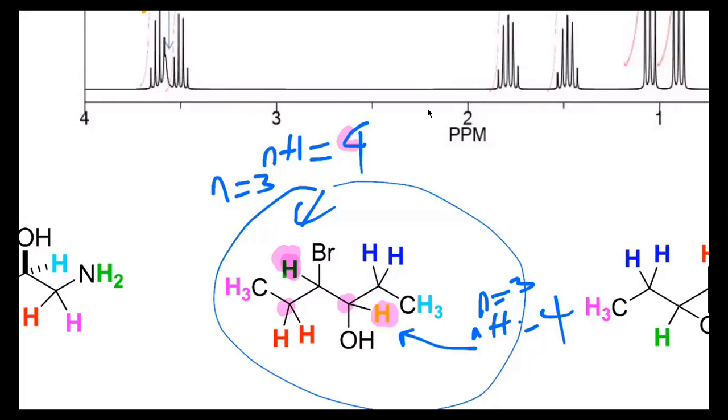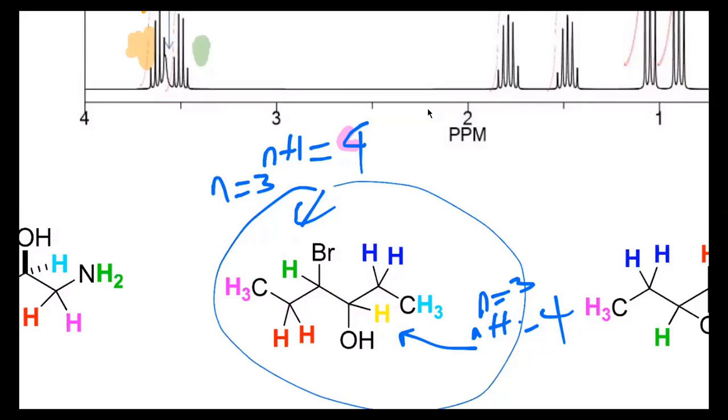I'm going to say this one, and then the green one, I'm going to say is this signal right here. Are we okay with that? Right? That orange proton should be further downfield because oxygen is more electronegative than bromine. So the magnetic field around it should be more deshielded because it's next to a more electronegative atom. All right, we're okay with that?